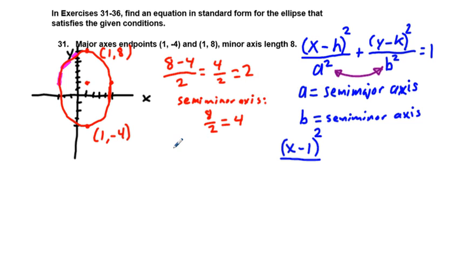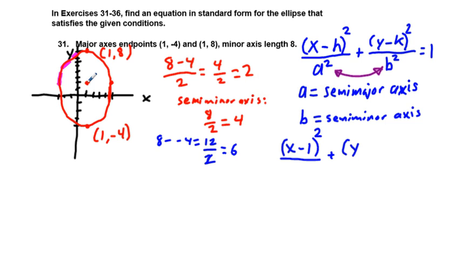So we have 8 minus -4. That's going to be our major axis, and our semi-major axis is 1/2 of that, or 6. So what's going to happen, my friends, is this. Let me go ahead and put the y in.